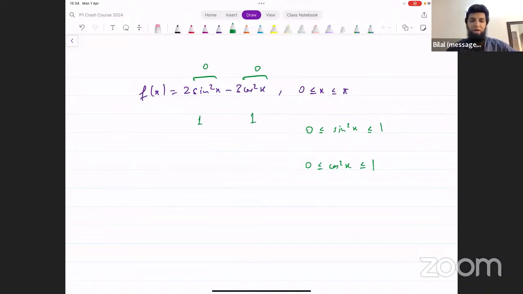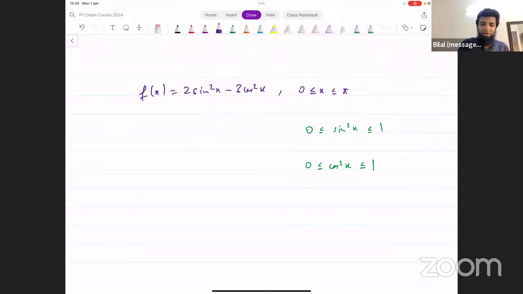Both of them have the least value 0, and both have the maximum value 1, sine square and cos square. However, they do not have those values at the same value of x. So we can't input 0 in both of them at the same time, and we can't input 1 in both of them at the same time. That is not going to work.